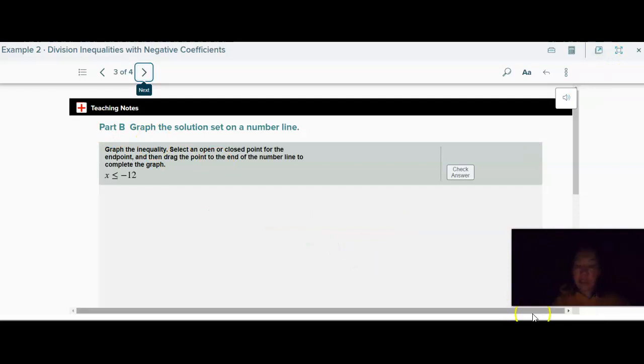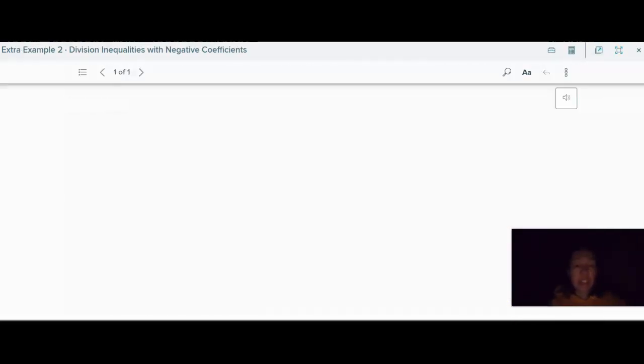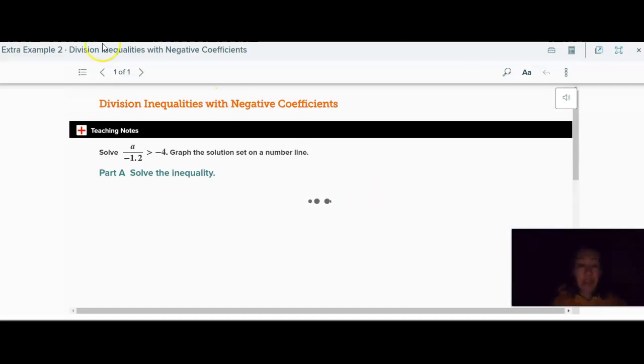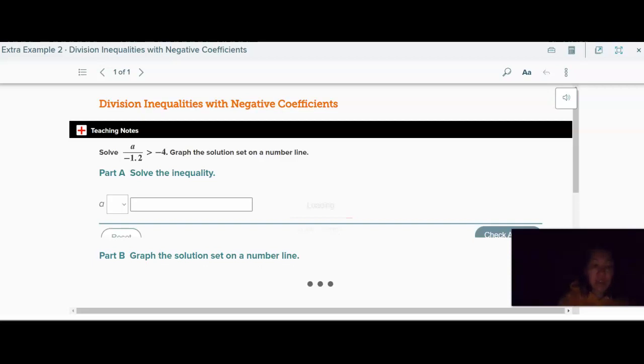Let's look at one more example, and then I want you to try the check problems at the end of example 1 and example 2. To get a by itself, we multiply both sides by negative 1.2.